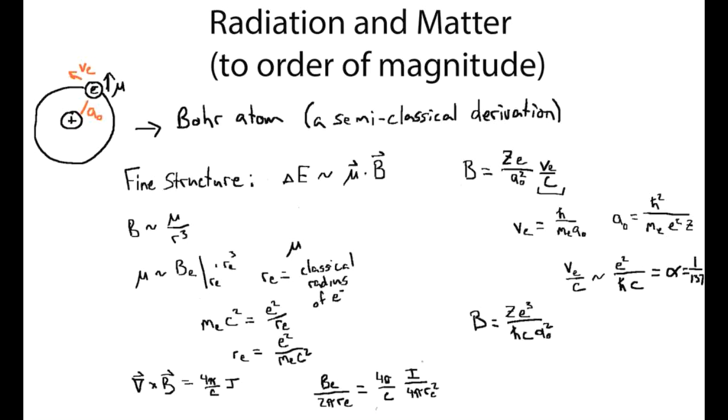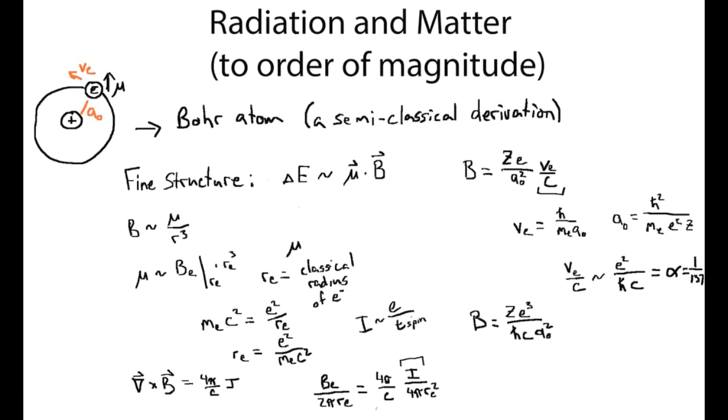The last thing we really need to estimate here is I, this current. And we say that current is really about the charge of the electron divided by, so current is charge per time, so we're dividing that by some time scale. And I'm going to select the time scale of the electron spinning around, so t_spin.